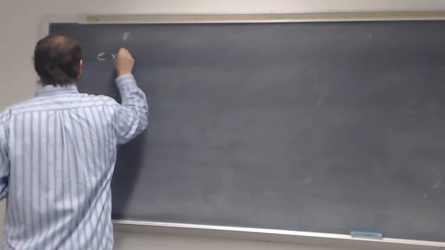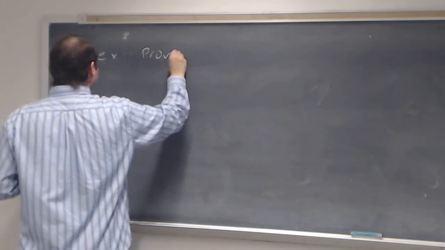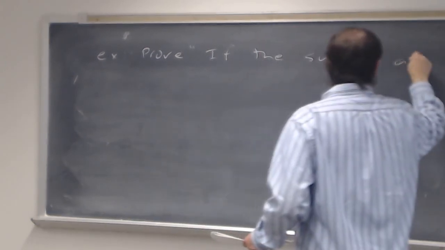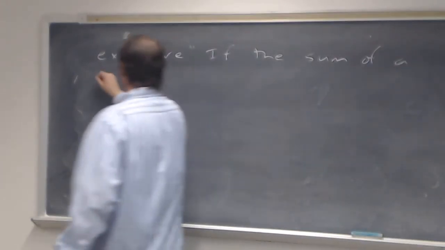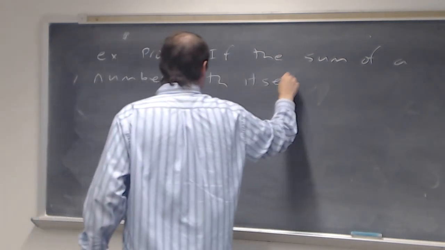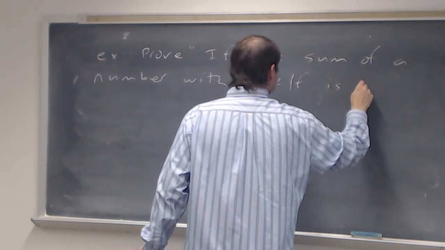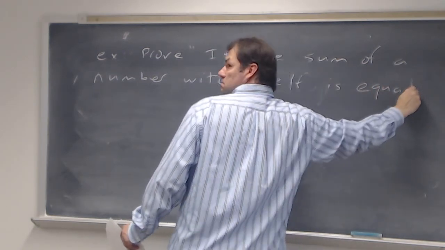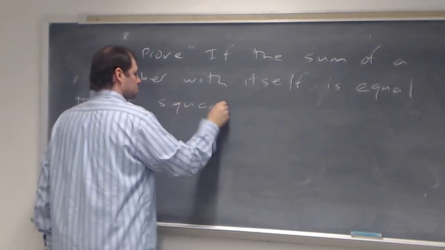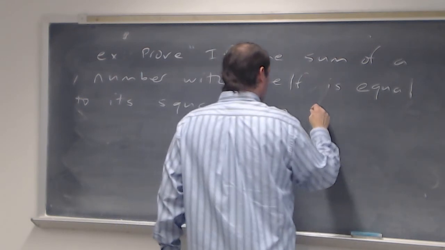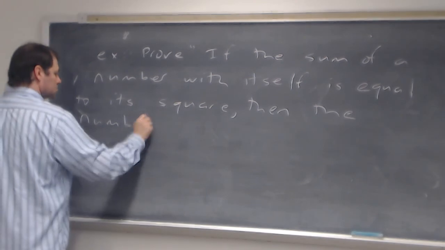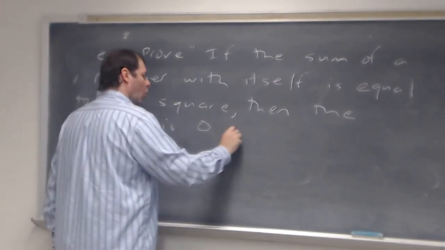So here, as an example, someone might say, prove if the sum of a number with itself is equal to its square, then the number is 0 or 2.